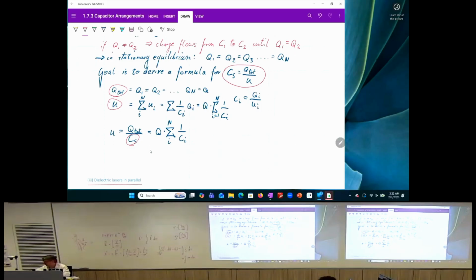So what is the equivalent capacitance value? There you compare basically these two here, and you obtain 1 over Cs is equal to the summation of 1 over C sub I. This is our equation 1.49. And this is a formula for how you get an equivalent capacitance when you have a serial connection of capacitors.